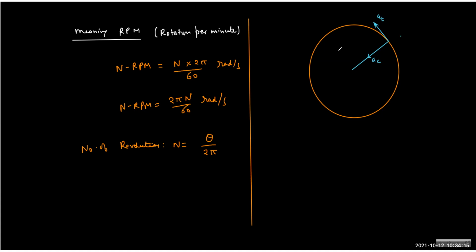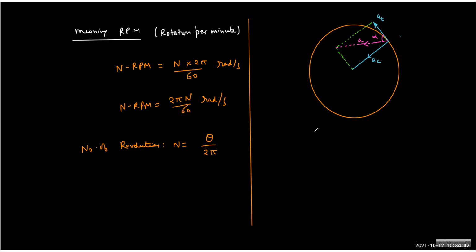And then we have something called total acceleration that we also discussed, the resultant of tangential and centripetal. And then this is called total acceleration. And the alpha we define as the angle between the tangential direction and the total acceleration.